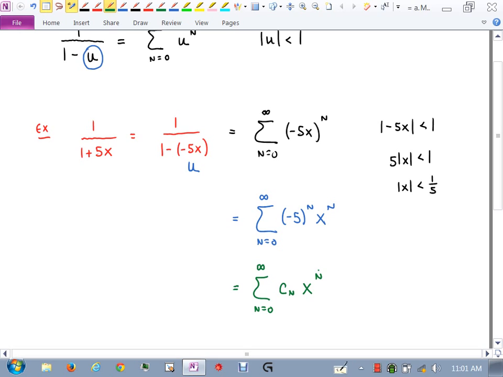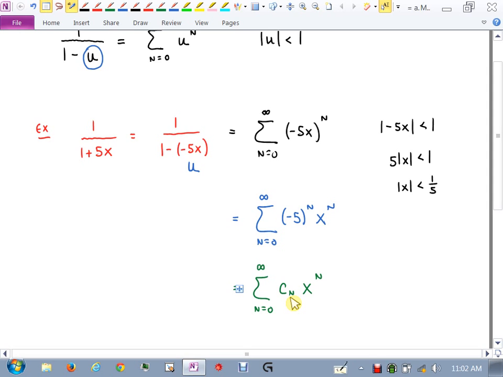It's some constant that's controlled by n times x to the power n. So up here with the negative 5x to the n, we don't have the x by itself, right? So I try and get the x by itself, so I rewrite it this way. And then this negative 5 to the n becomes my constant term. Now, it's a constant for each term of the series. It still depends on n to figure out what the number is, but the c is a function of n. Yes? Good? Okay, so that's what we did last time.